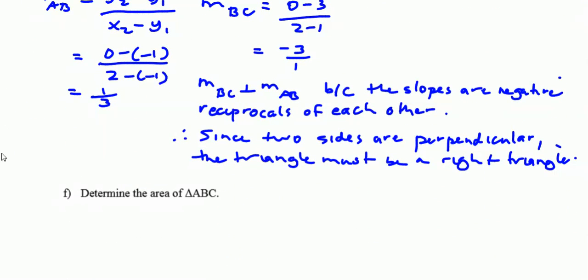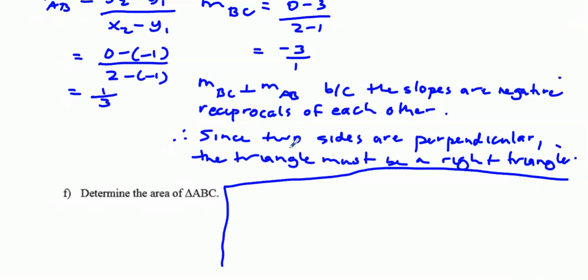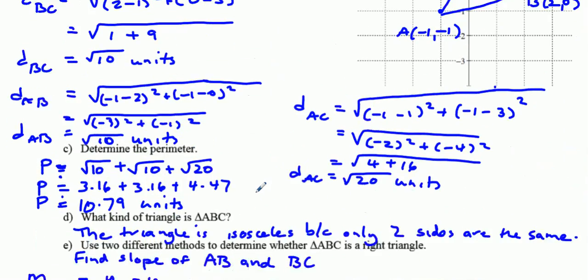Running out of room, but I'm going to do that second method now. The second method of determining whether this triangle is a right triangle is to use the Pythagorean theorem. The Pythagorean theorem says that the hypotenuse squared is equal to the sum of the squares of the other two sides. Well, we have the hypotenuse, AC.